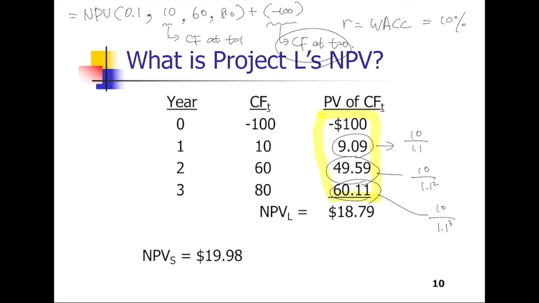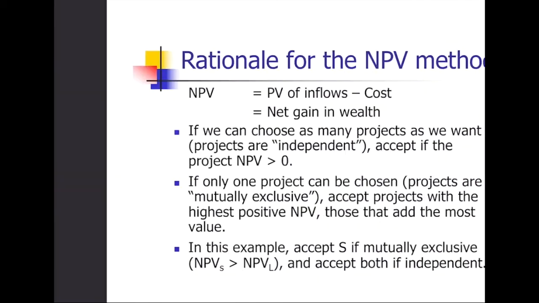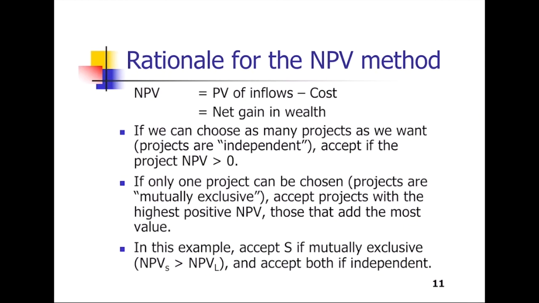Which project is better? The project L or project S? What does this number mean? Yeah, this slide shows the rationale for the NPV method. The NPV represents the net gain in wealth. What does net gain in wealth mean?